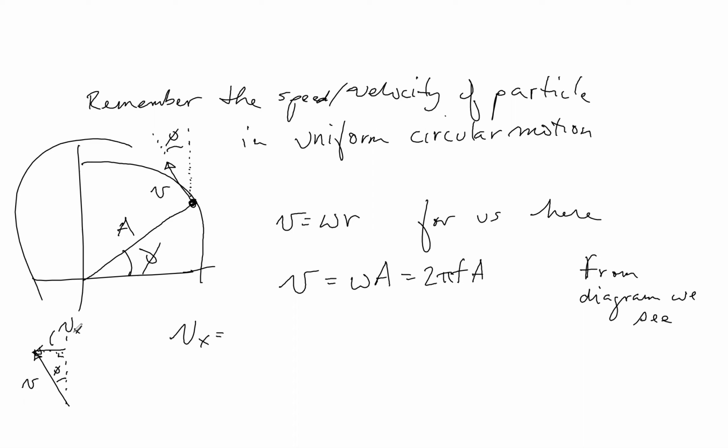The hypotenuse is going to be V. So V sub x is going to be equal to V times sine of phi to be totally complete.